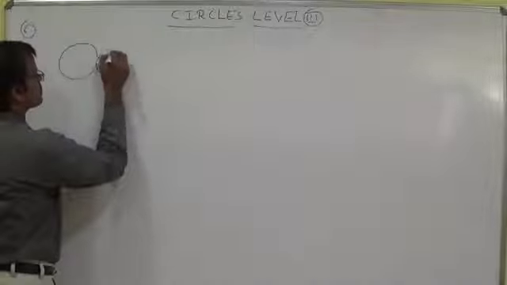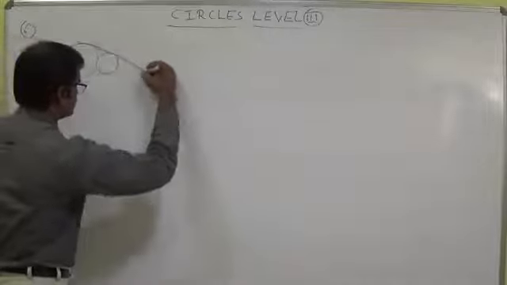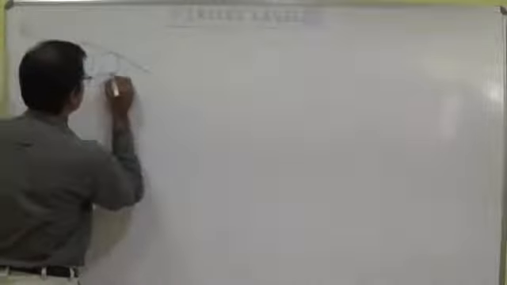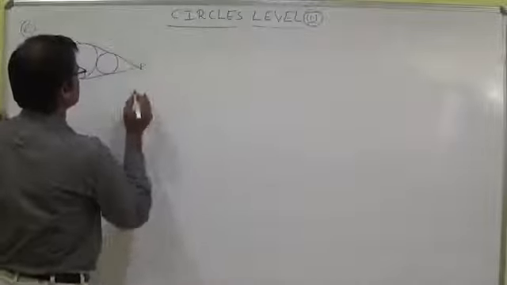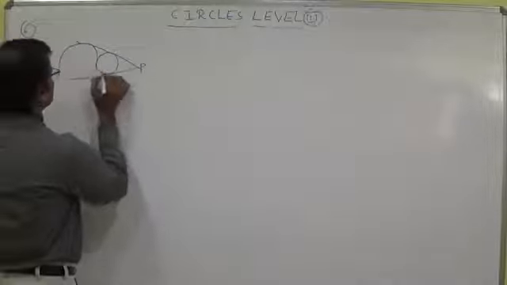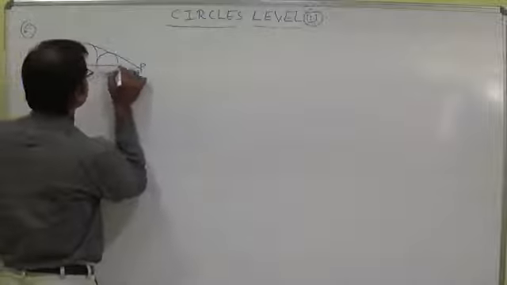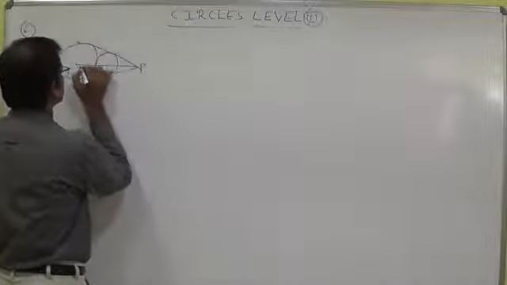Whenever the two circles touch each other externally, join like this. Put here P. This is the external center of similitude. Join like this. This is C2, this is C1.